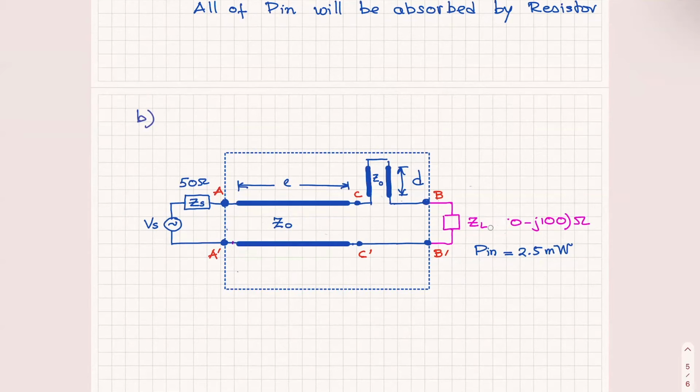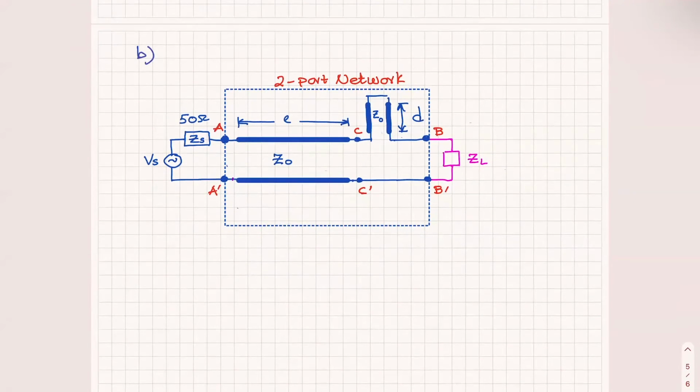I will put this one here. I will remove this for a moment because that's a load, I don't need that. And now I have this two-port network, and I need to find the ABCD matrix.